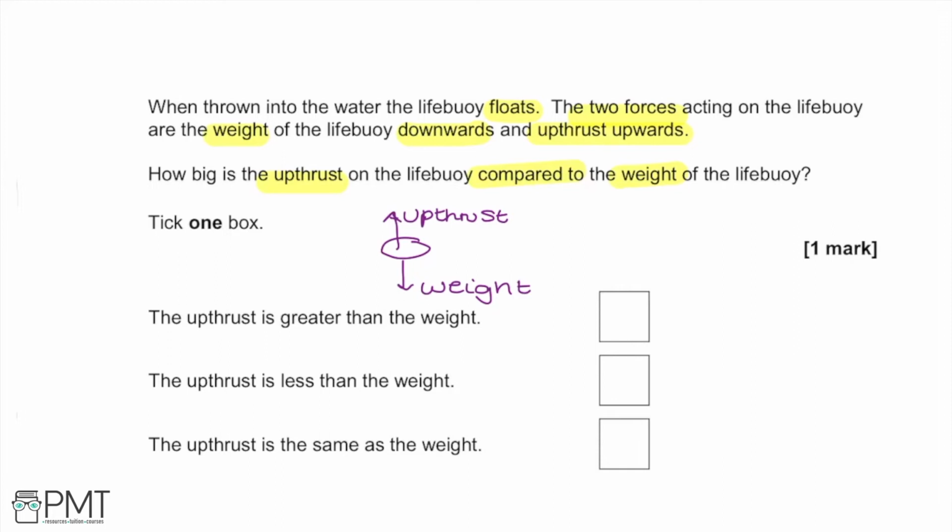And if the only two forces acting on the lifebuoy, upwards and downwards, are these two forces, in order for them to cancel out, for there to be no resultant force, the upthrust is going to have to equal the weight, so that there's no resultant upwards or downwards force, the two forces cancel out, so there's a net force of 0. So in this case, we're going to go with the third box and say that the upthrust is going to have to be the same as the weight, so that there is no resultant force.